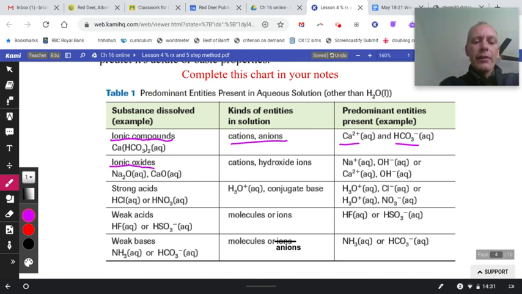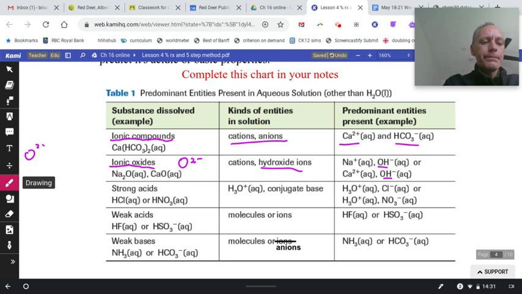Ionic oxides are interesting and unusual. They break apart. So Na2O or CaO, they will break apart into O2 minus. Now you might be wondering, how does O2 minus become hydroxide? O2 minus in water, because it's a 2 minus, is able to pull a proton from water.